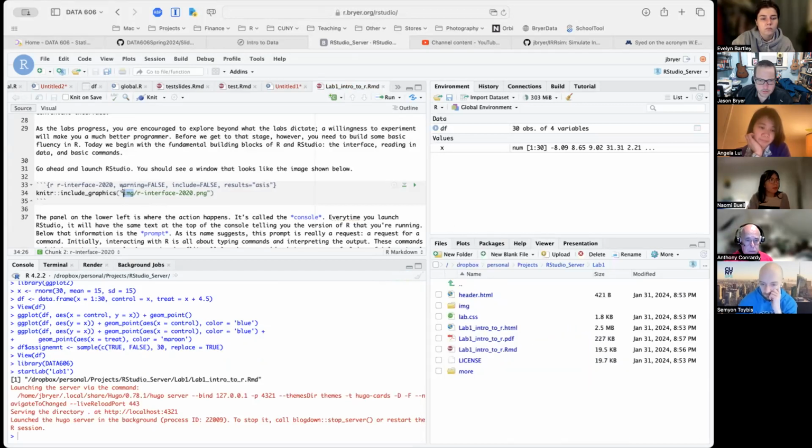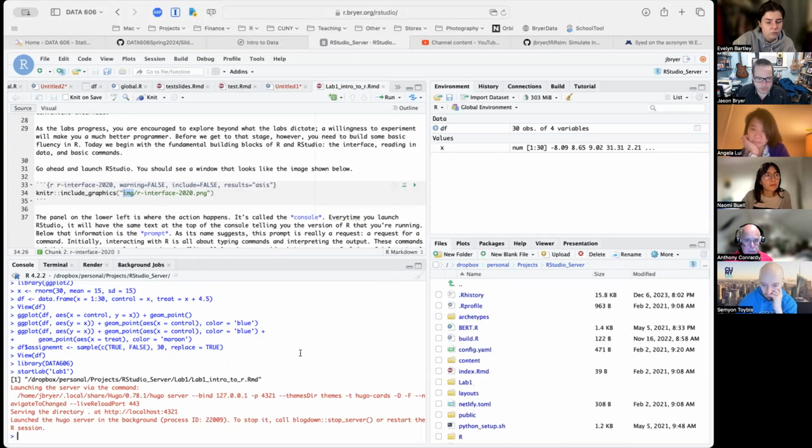It's looking for a folder image, which is right here, and the R interface. However, when I'm working interactively right here in the console, this is my working directory, not where the RMD file is.